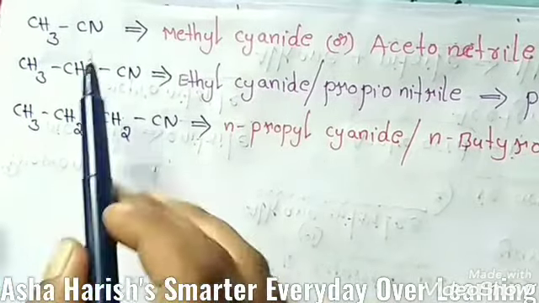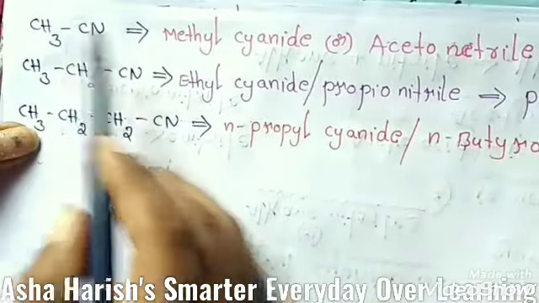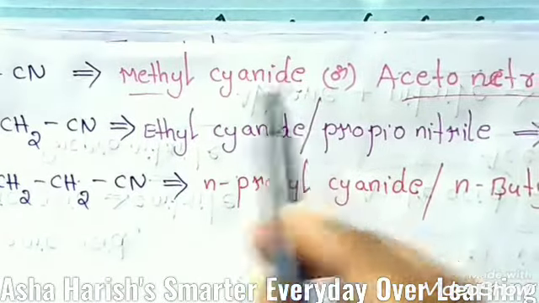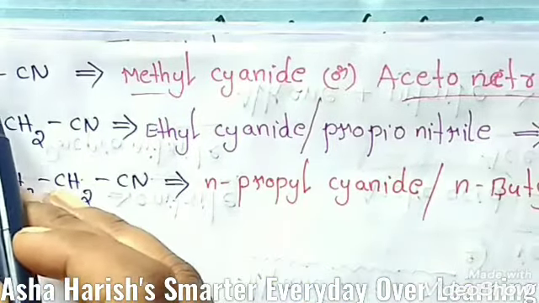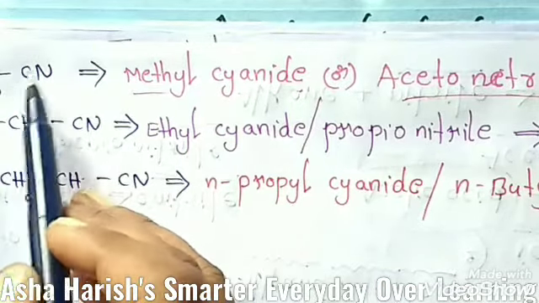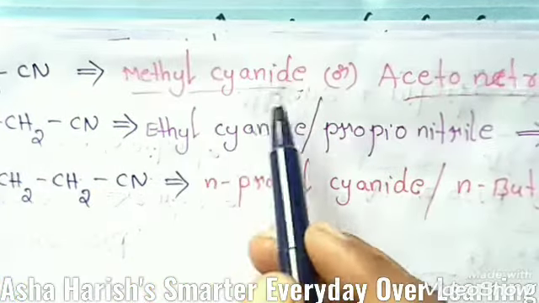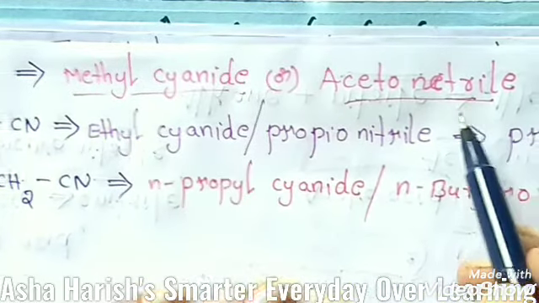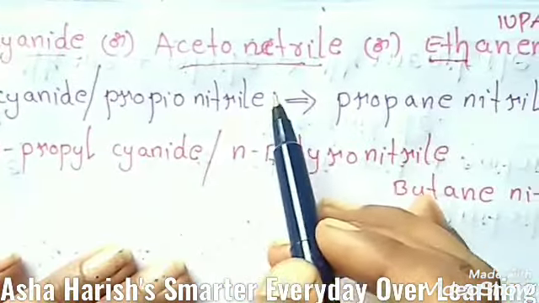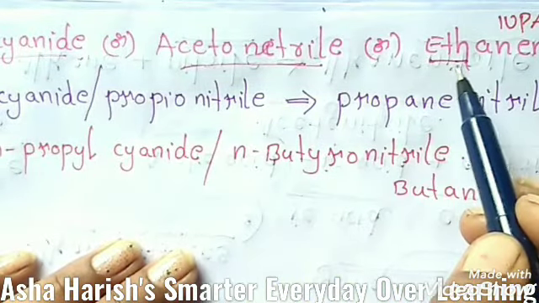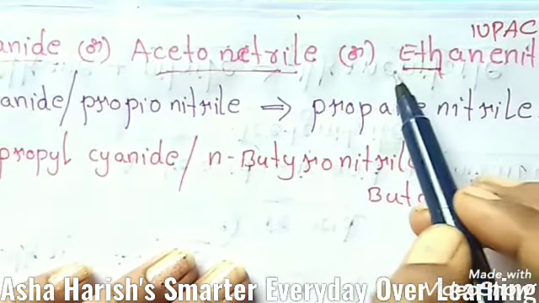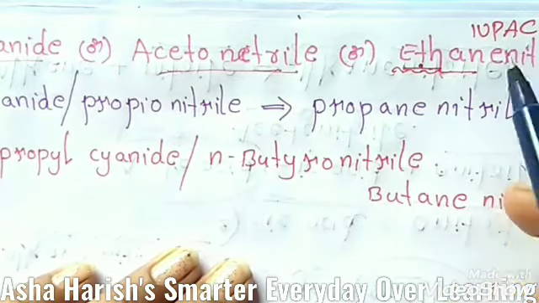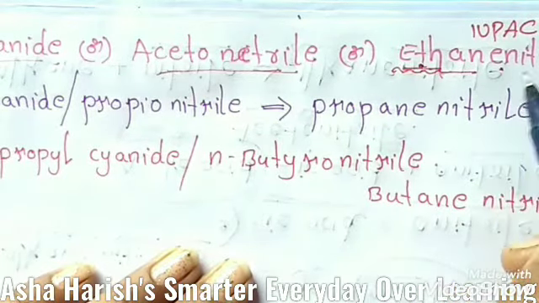Okay, some examples for these alkyl cyanides. In the first example, CH3CN, CH3 is the methyl group, then methyl cyanide. Here the presence of one methyl group and one cyanide CN group, so methyl cyanide, and this is also called acetonitrile. And students, the IUPAC name for this compound, based upon the presence of two carbon atoms, the root word should be eth, and all other bonds are single, then ethane nitrile.